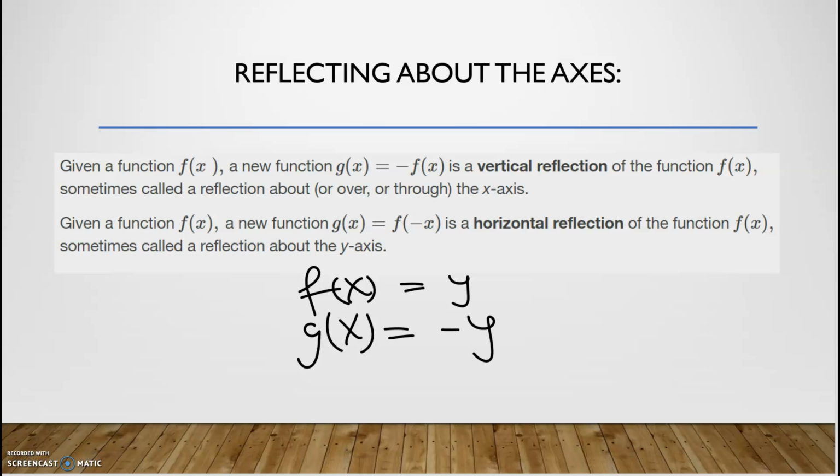Now a horizontal reflection, given a function f of x, the new function g of x is equal to f of negative x. And that's a horizontal reflection of the function f of x. And we sometimes call this a reflection about or over or through the y-axis. Now notice how you start off with a positive x. Well, now we change it to a negative x.